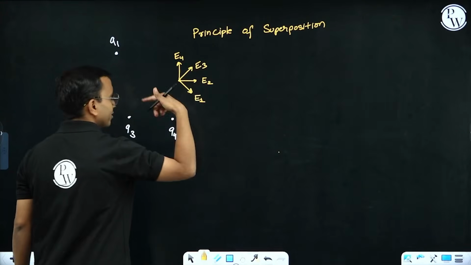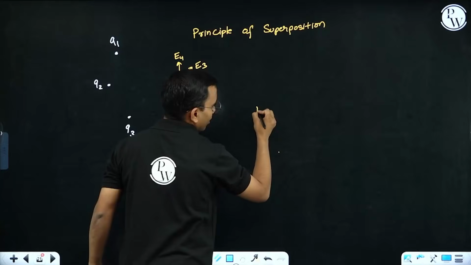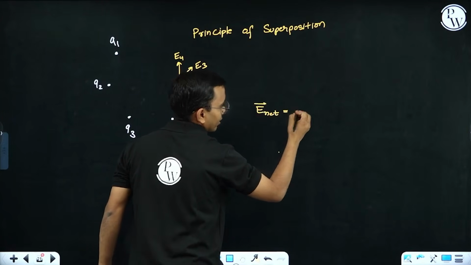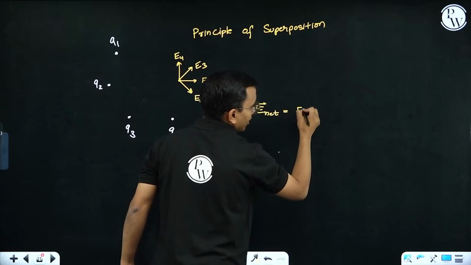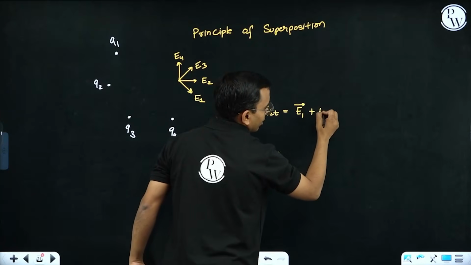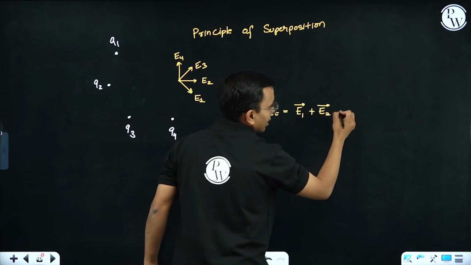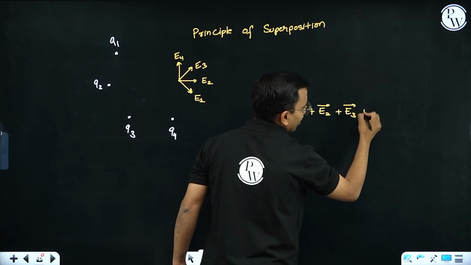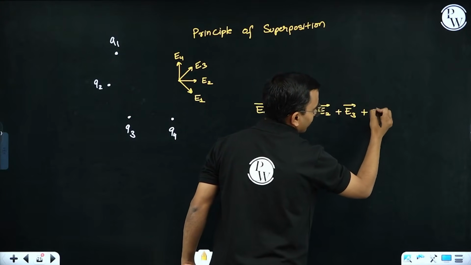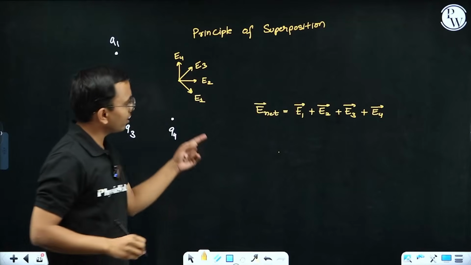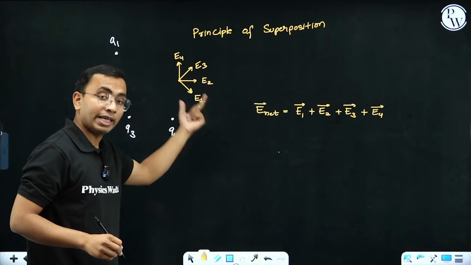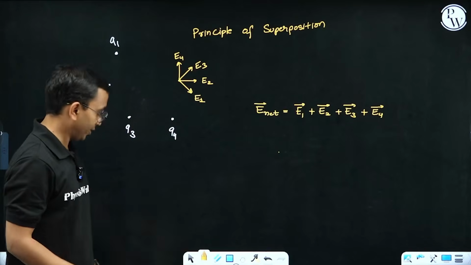So when you write the net electric field, you will take the resultant of the vectors E1, E2, E3 and E4, and that will become the resultant electric field at that particular point.